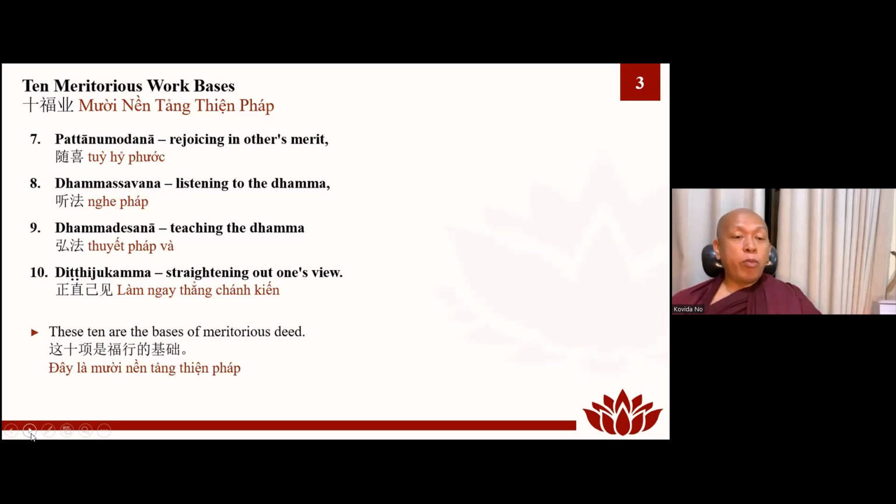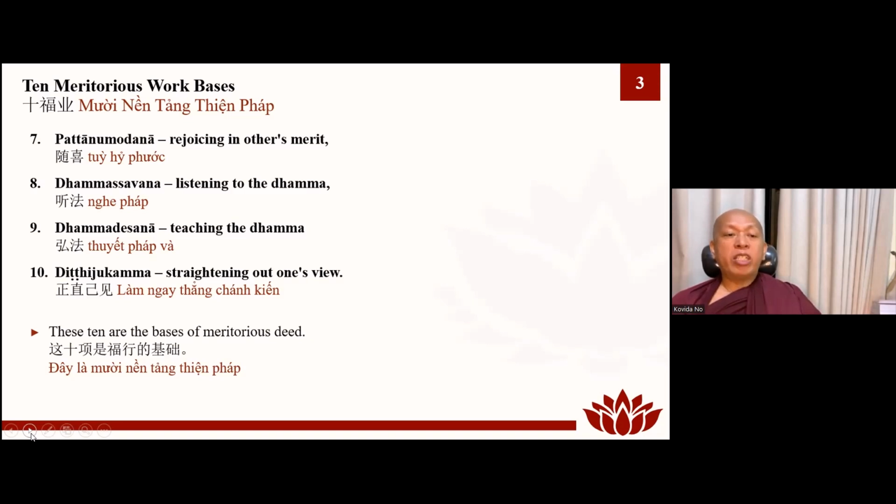When seeing somebody, right, doing dana well, we can rejoice. When seeing somebody working for people, volunteer service, we can rejoice. So whenever people do something good, if we can rejoice, whether they share or not, this is called pattanumodana.